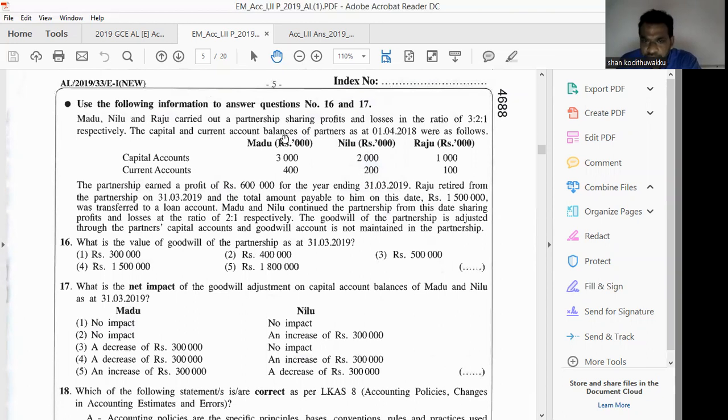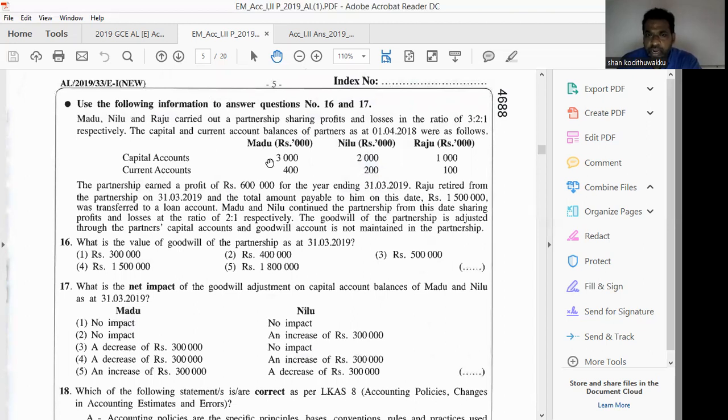Then when it comes to Madhu's capital account, we credited 900 to Madhu's capital account, depending on the old profit sharing ratio. Depending on the new profit sharing ratio, we have to debit 1,200.